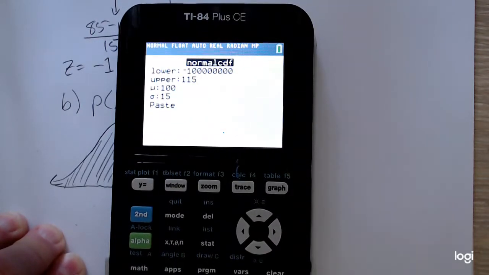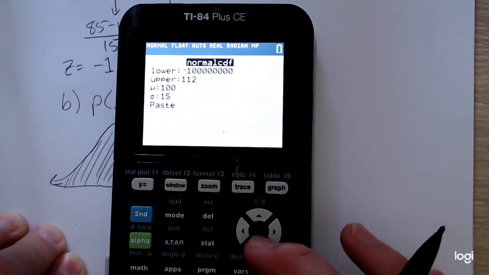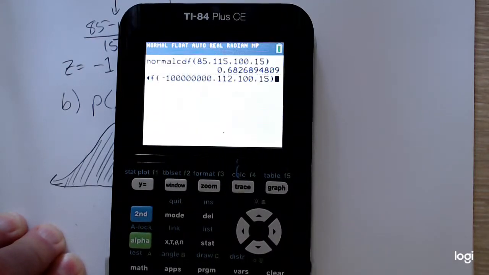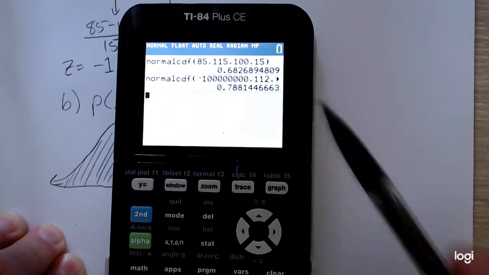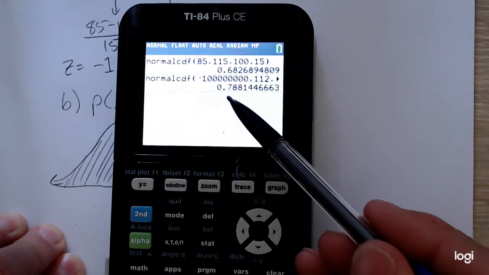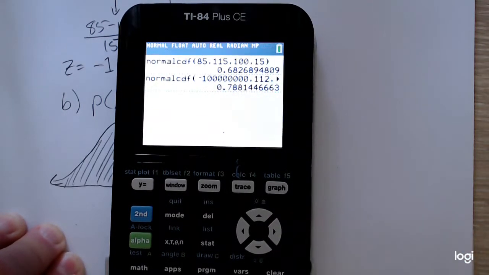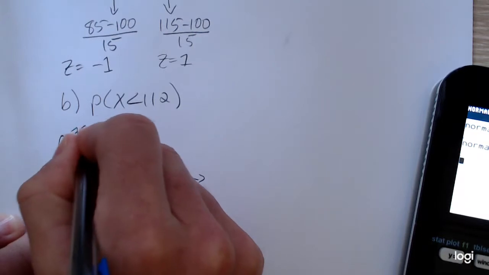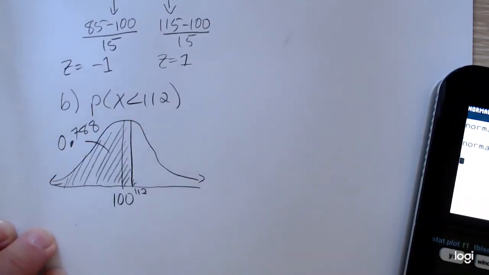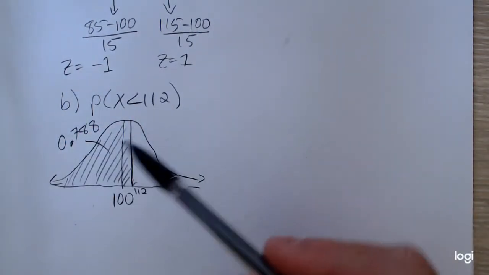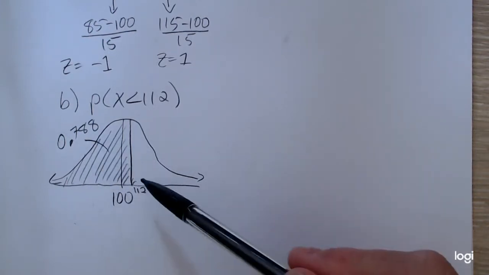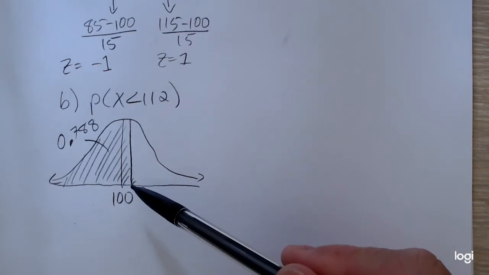My upper bound is 112, and again my mean is 100 and standard deviation is 15. Now that area, or the probability, rounded to 3 decimal places, is 0.788. I didn't draw this proportionally correct, but this is consistent with what I expected. I expected a probability greater than 0.5 because I am above the mean.